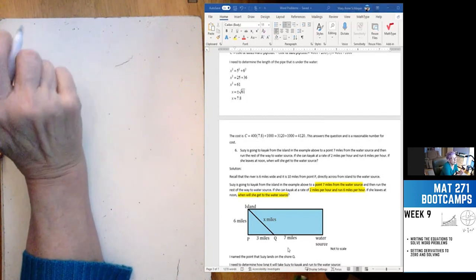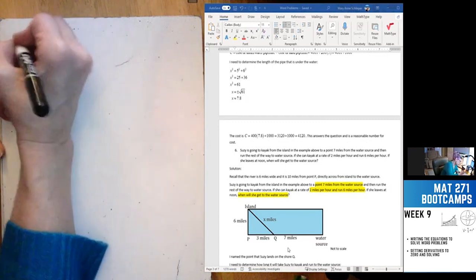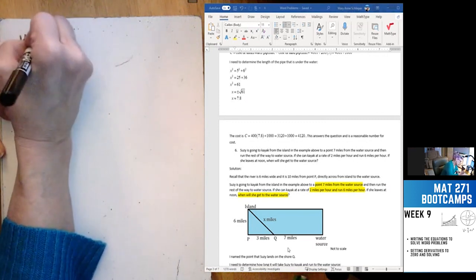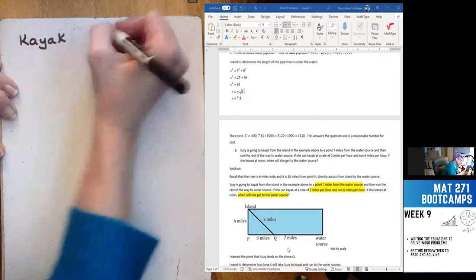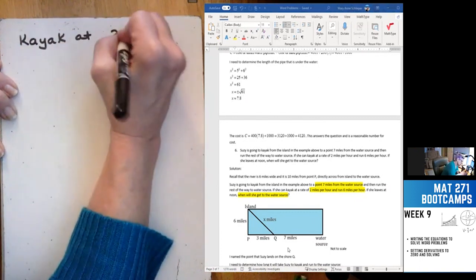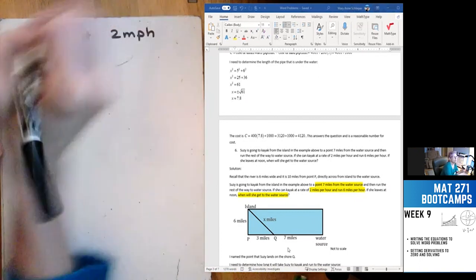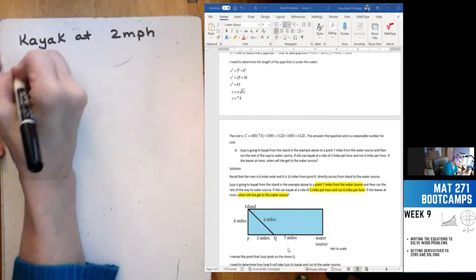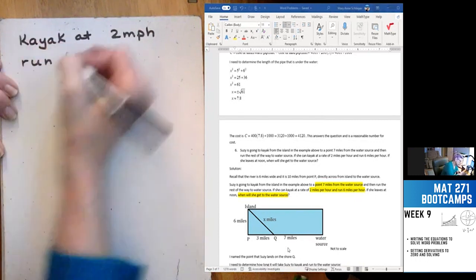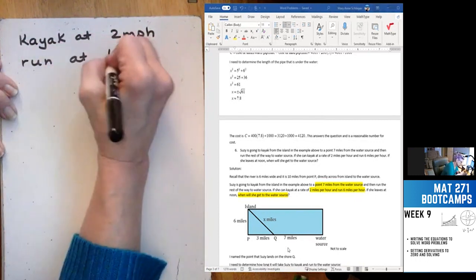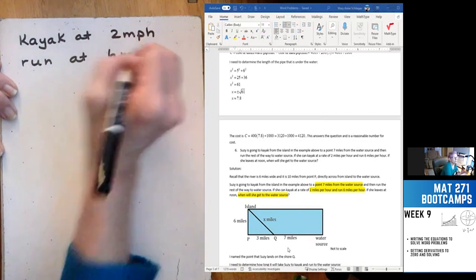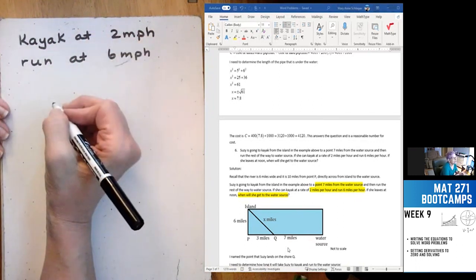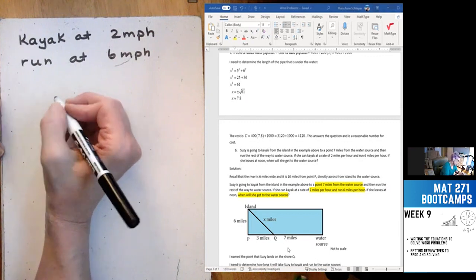She can kayak at 2 miles per hour. And she can run at 6 miles per hour. If she leaves at noon, when will she get to the water source?